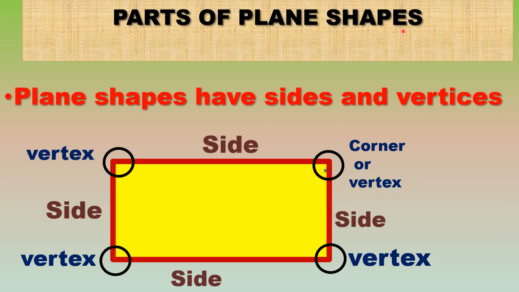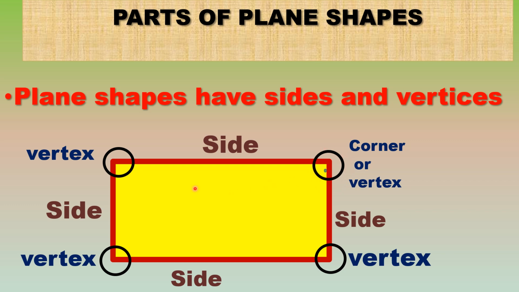Parts of plane shapes. Plane shapes have sides and vertices. Side. The straight line that makes up a plane shape is called side. The point where the two sides meet is called corner.